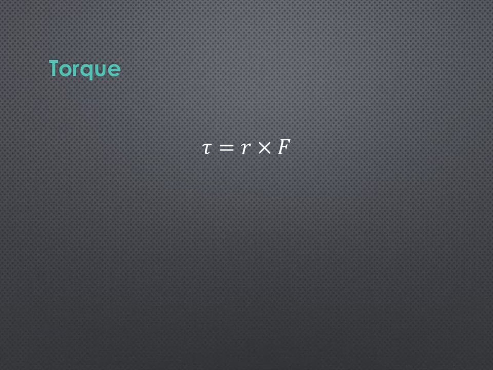And we write it as actually the cross product of the distance from the center of rotation, so r for radius, as we've been using in circular motion, cross the force applied. What that really means is we don't have to do anything with matrices, vectors, craziness in this class. All it means is that we're looking for the bit of the force that is perpendicular to the distance from the center of rotation, from that point of rotation.